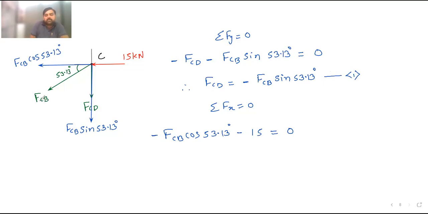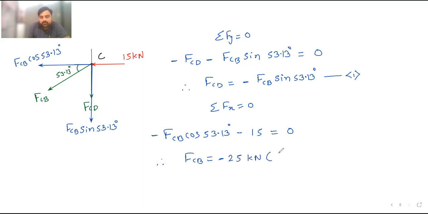Both are moving towards left. Therefore, FCB is equal to, what is the answer of FCB? Minus 25 kilonewton. Minus 25, you did the calculation properly.